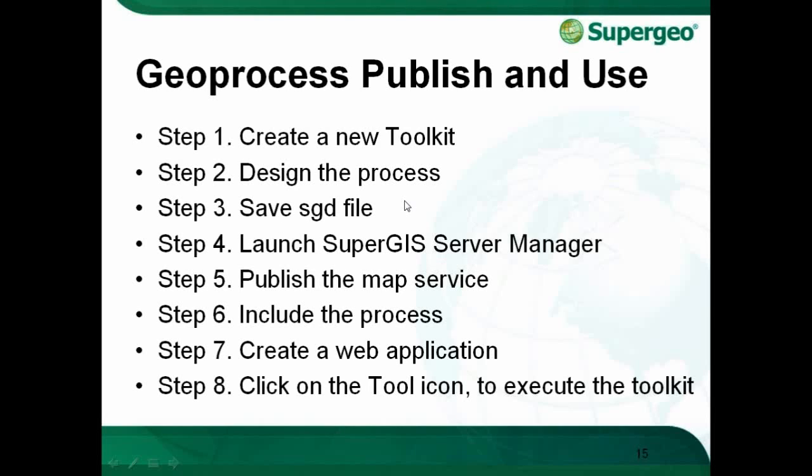After that, save the SGD file and publish the map service in SuperGIS Server Manager. When publishing the map service, we must check the box to apply the process. Finally, create a website and carry out the result on the web. Now, it's time for a live demo to show the whole procedure.